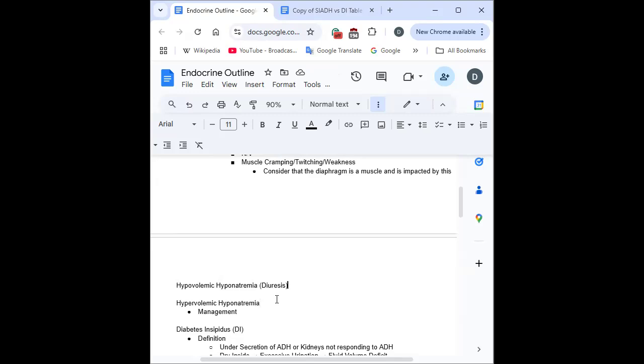You're being overly diuresed. While here, hypervolemic hyponatremia is dilutional due to FVO. Here you have real salt depletion, a low actual amount of salt, while here it's purely dilutional.